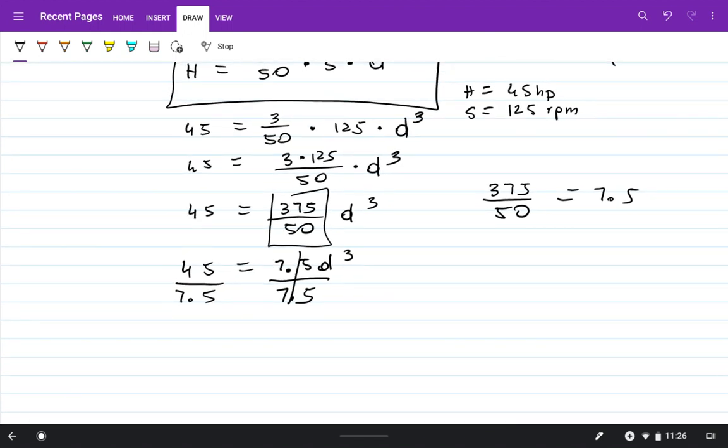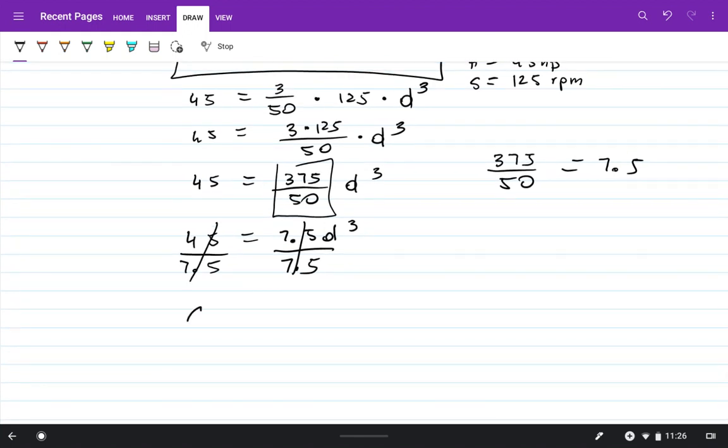So 45 divided by 7.5, we're getting 6 equals D to the third power. And since you have to find D, we will take the cube root of both sides, because cube root and the third power undo each other. So that will give us that D equals cube root of 6.